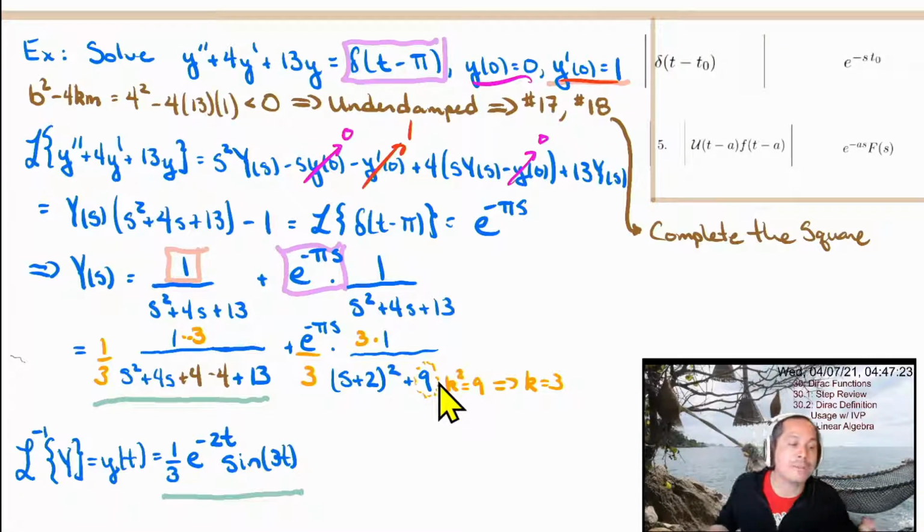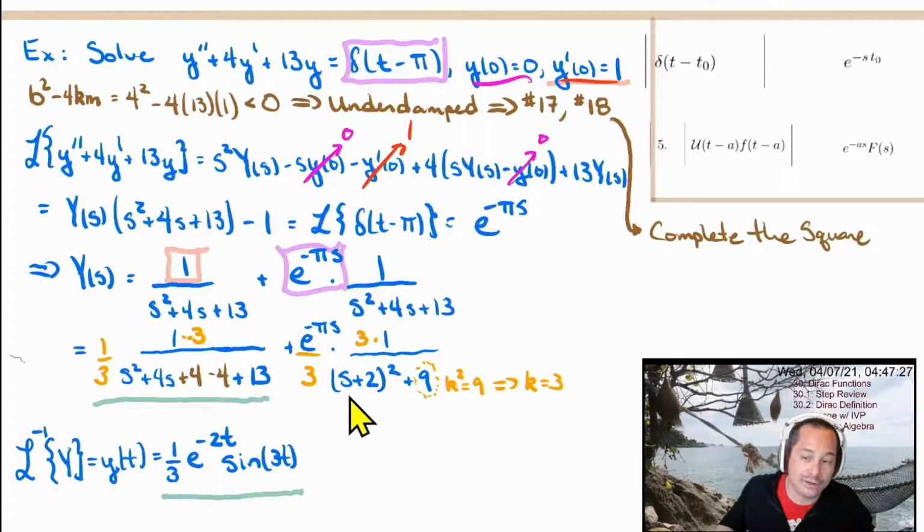That might not be immediately obvious from the first term, but what I'm really looking at is the denominator for the second term, because I just completed the square over the terms because they had the same denominator. Okay, so this is the underdamped motion that is the result from the fact that the mass was moving to begin with.